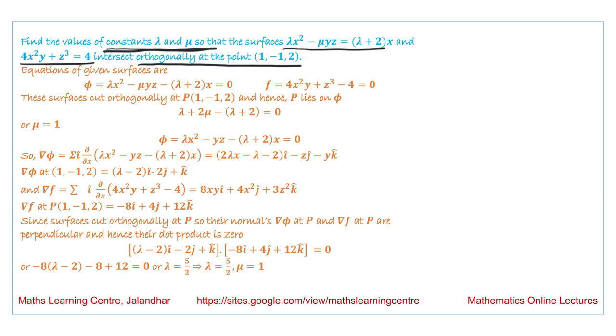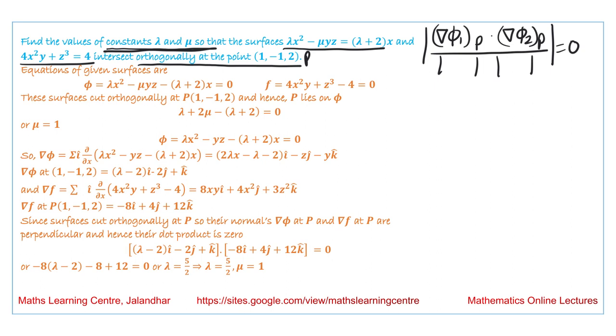So we are saying that the gradient of phi 1 at the point P, suppose this is the point P, dot gradient of phi 2 at the point P divided by the magnitudes of both these values is equal to 0. So the dot product of these two values is 0.